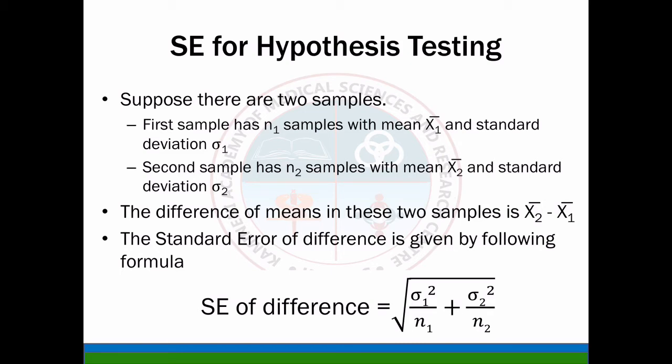The difference of means in these two samples is x2 bar minus x1 bar. The standard error of the difference is given by the following formula: the square root of sigma 1 squared by n1 plus sigma 2 squared by n2.